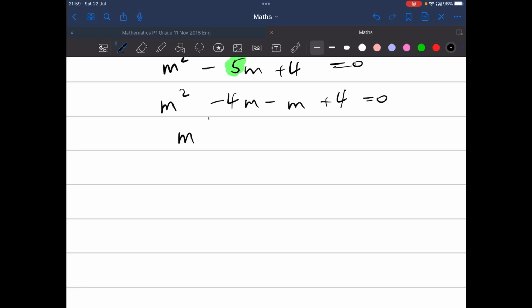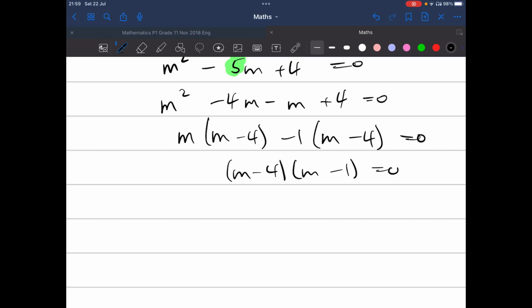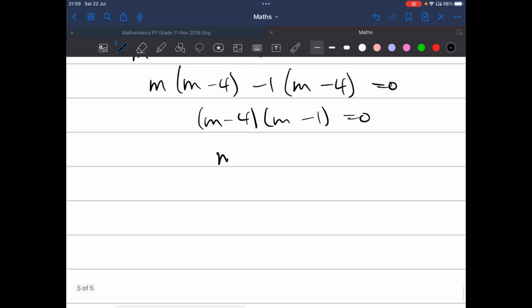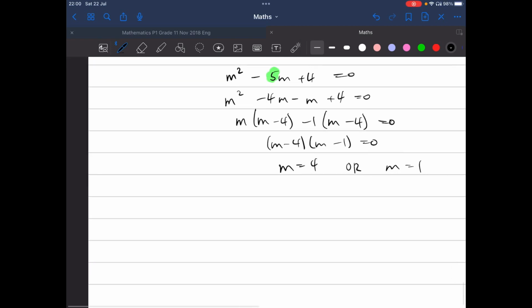So now it's just a case of factorizing everything, taking out the common factor, and then equating them both to 0. So m equals 4 or m equals 1.